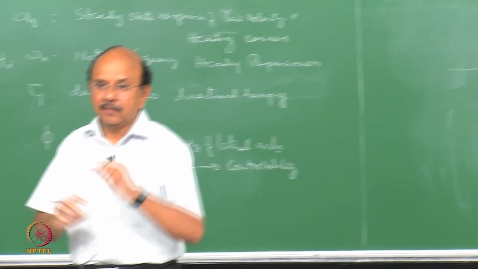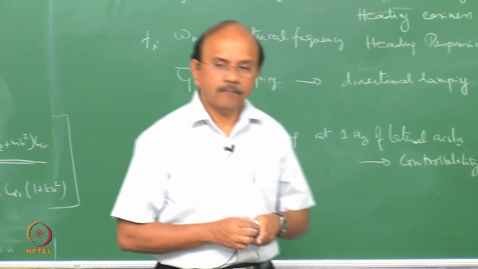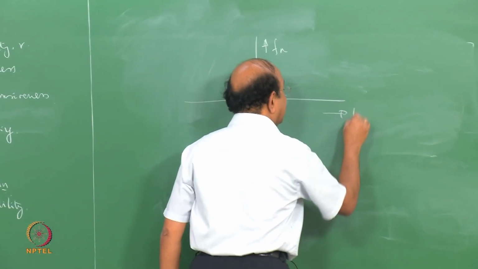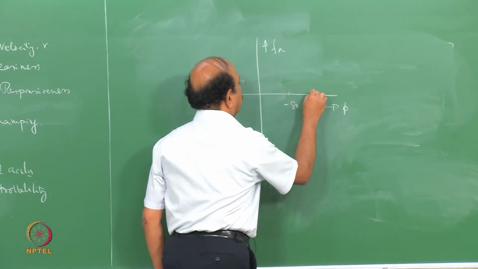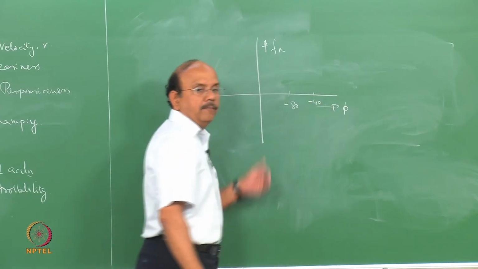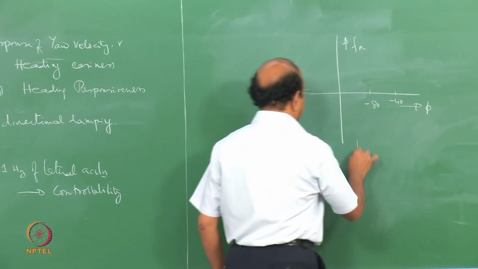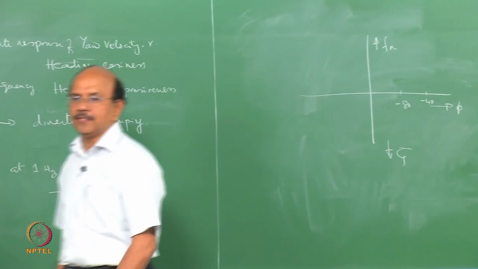Look at this carefully. The positive side he had Fn. He had phi increasing like this. Usually phi can be, say, minus 80, minus 40 and so on. That's how he plotted phi. Then he plotted the damping coefficient zeta in this axis.